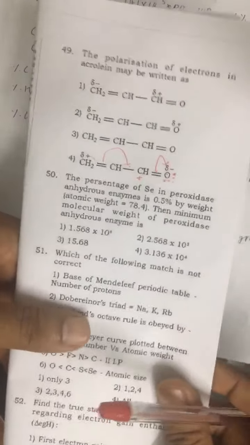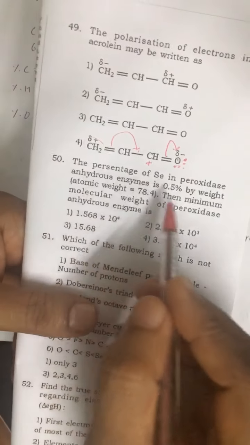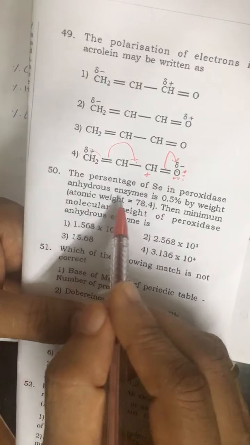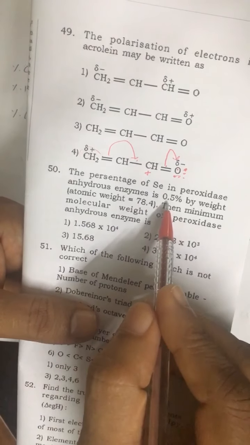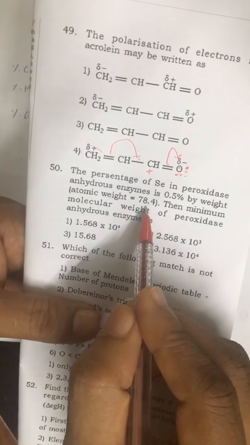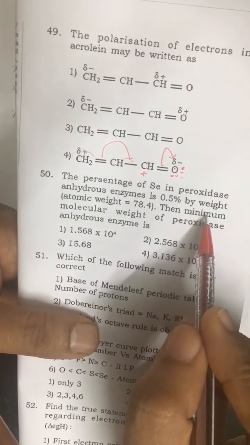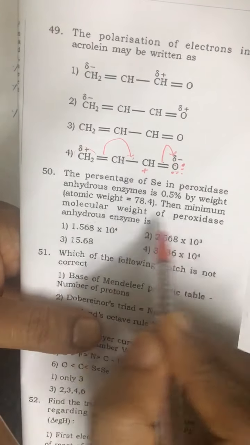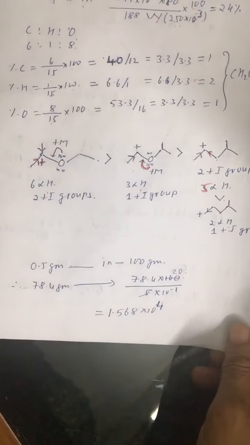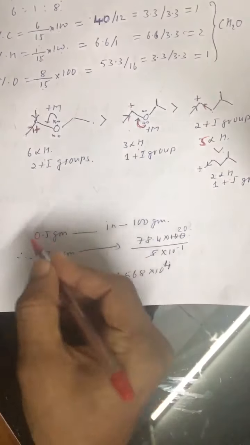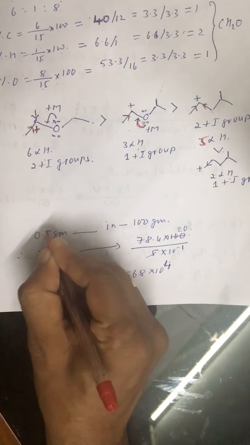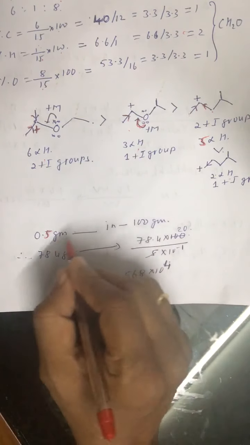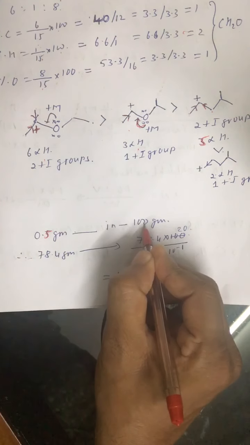Question number 50. Percentage of selenium in a particular peroxidase enzyme is 0.5% by weight. Its atomic mass is given. The minimum molar mass is asked. In such questions, 0.5% means 0.5 gram in 100 grams.